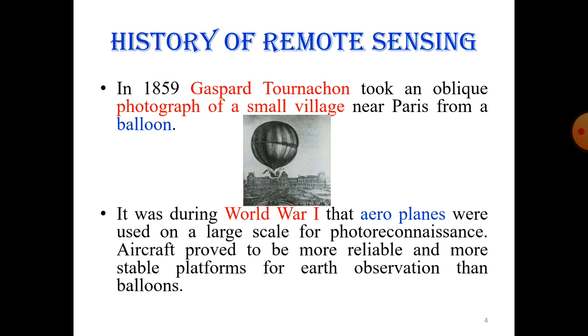In the first case, the sensors were fixed to the tethered balloons, whereas the platform of sensors during the First World War changed to an aerial platform, which is slightly away from the Earth's surface, and the area information it gathers is slowly magnified.